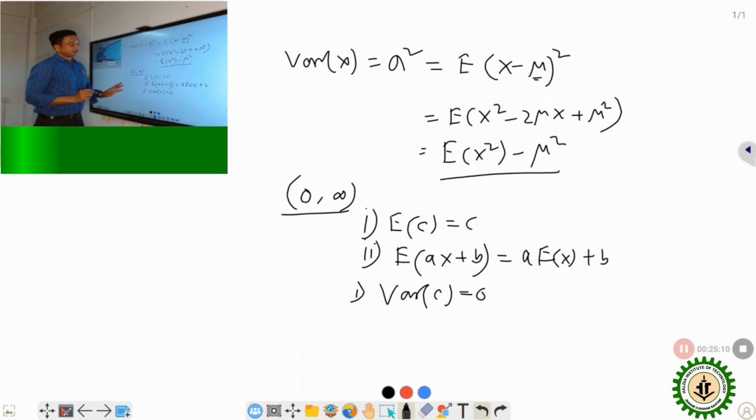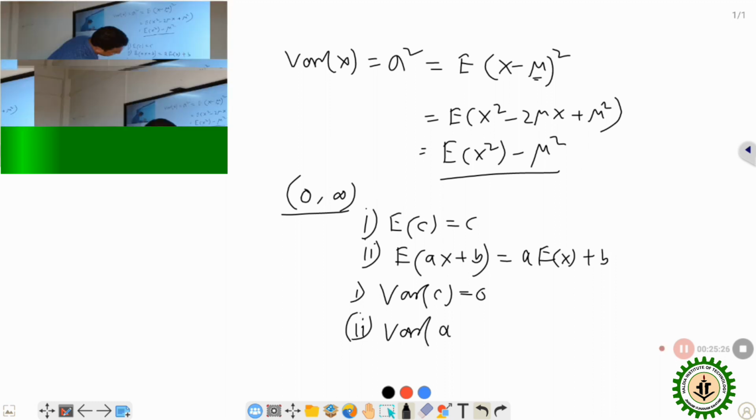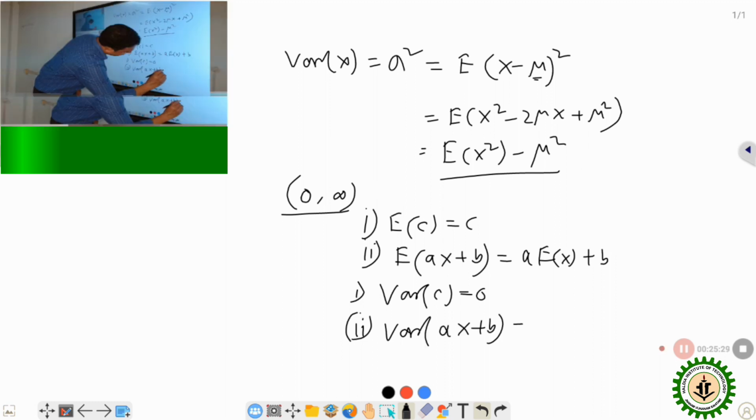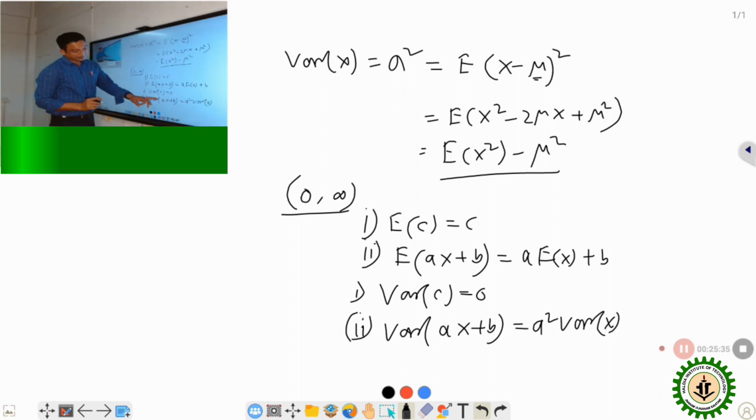Look at this. When every value is constant, then their expectation is also constant. When the value is the same and the difference of them equals 0, then 0 divided by the total number of data, I mean n, equals also 0. Number 2 is variance of ax plus b equals a square variance of x plus variance of b, which is a constant, so that's why it equals 0.